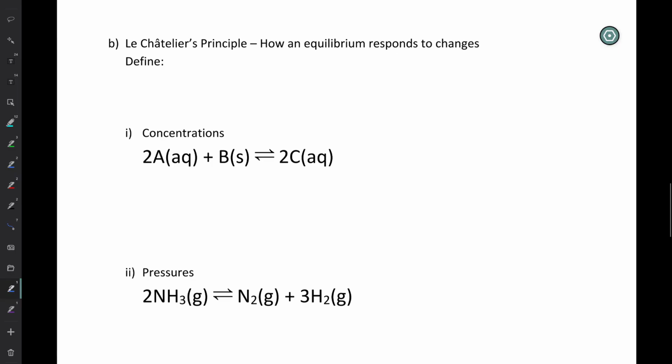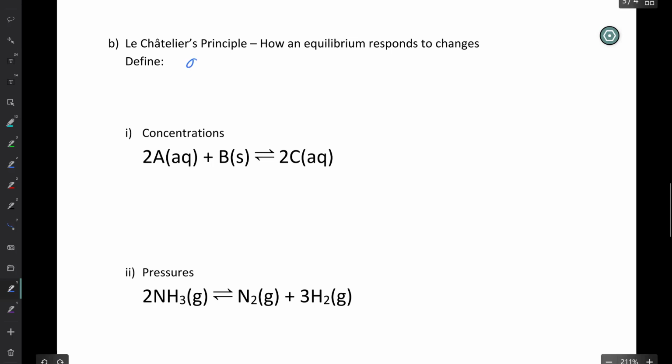So the next thing to talk about is a concept called Le Chatelier's principle. What Le Chatelier described was how a system, once it's reached equilibrium, responds to changes in concentrations, or what we call stresses, or perhaps challenges to the equilibrium. So Le Chatelier's principle is pretty much defined like this.